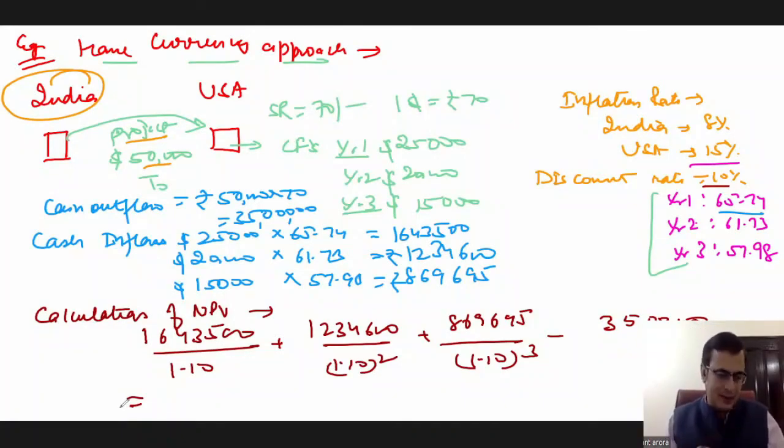1.10. Let me do it in memory form. You can do that, or if you want, I can write it in full, so that you should be able to match yourself in the exam.